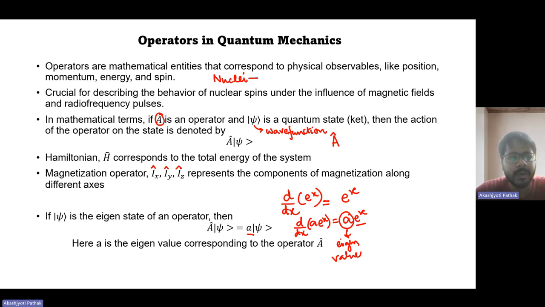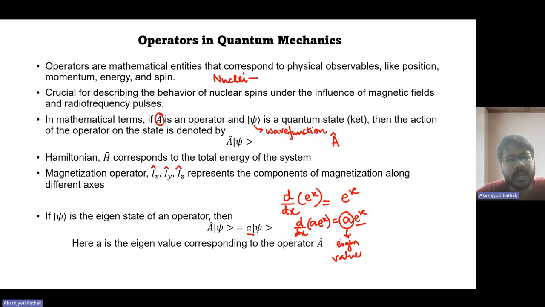Now, an operator is always denoted by a symbol with a hat on top. For the energy, the operator used is the Hamiltonian operator, which corresponds to the total energy of the system. Similarly, for the magnetization operators, Ix, Iy, Iz represent the different components of magnetization.